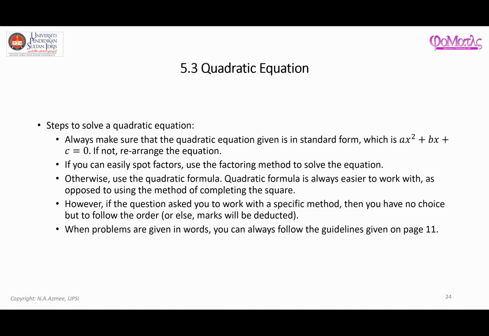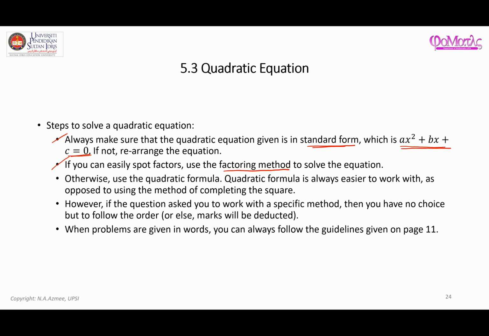Now these are the steps to solve a quadratic equation. In general, you always make sure that the quadratic equation is in the standard form. This is the standard form, ax squared plus bx plus c equals 0. If not, you can always rearrange the equation. The second step is, if you can easily spot factors, you can use the factoring method.